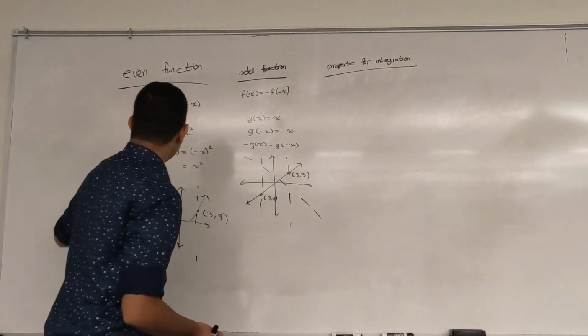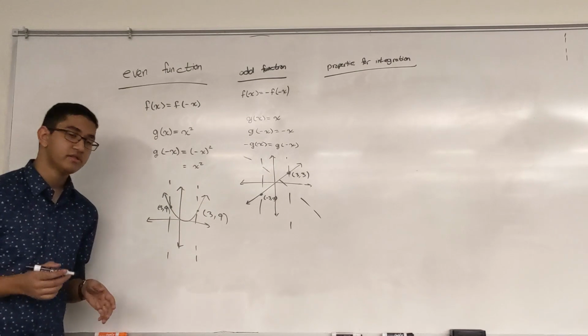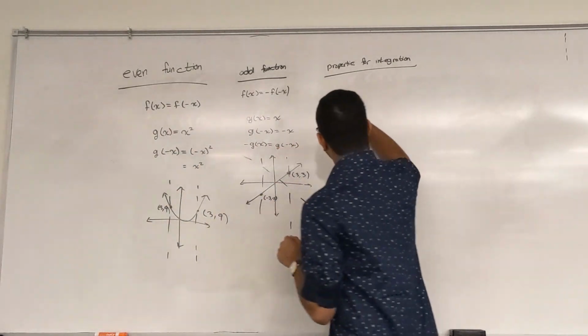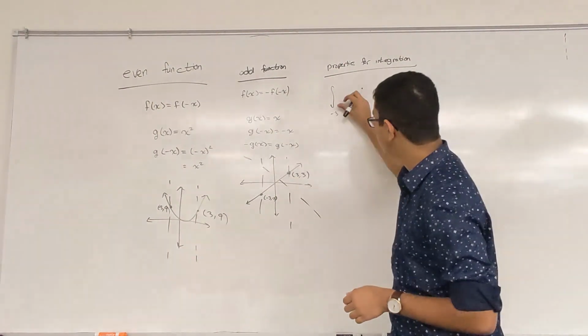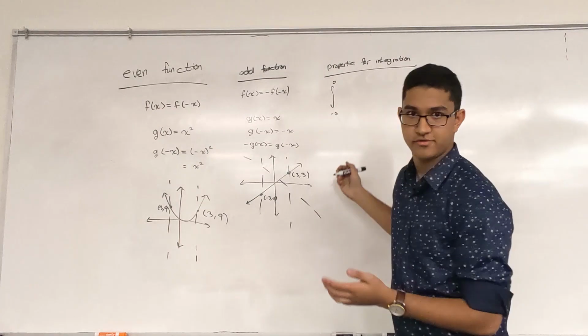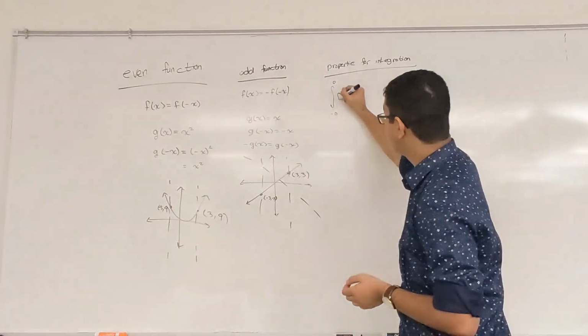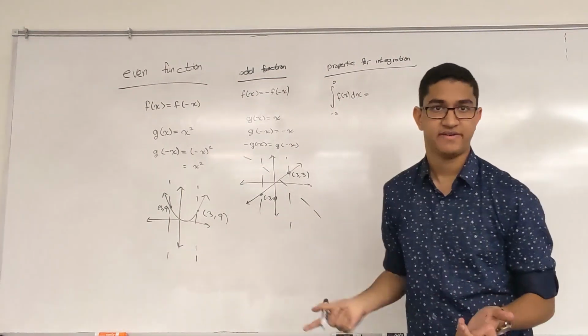When you're taking the integral for an even function, let's say from negative a to 0 of f of x dx. Actually, let's say it's g of x in this case.